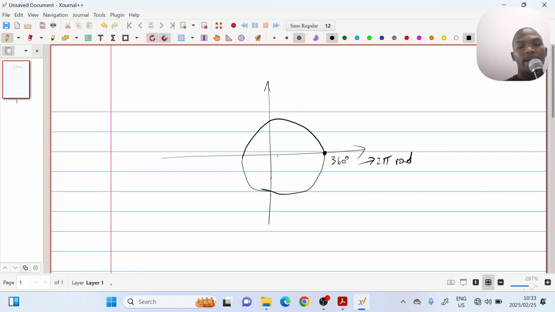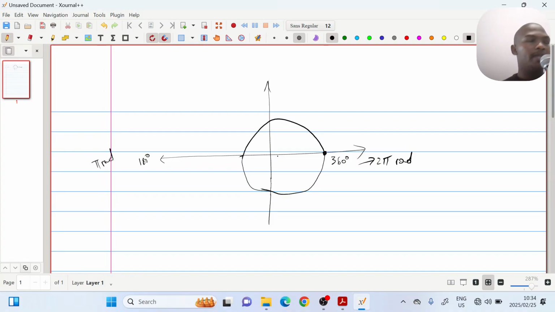Now, if you divide 360 by 2, what do you get? 180. So somewhere here is supposed to be 180 degrees. If you divide 2 pi by 2, what do you get? So you have a whole pi radians there.